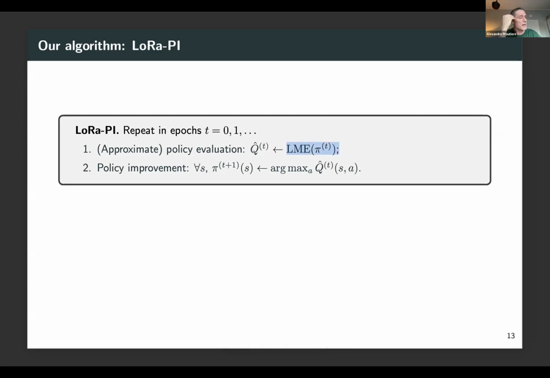Then from the data that you gather from this policy, you estimate the corresponding matrix Q pi. So Q hat t is an estimation of the state action value function of the policy pi t. And from this estimation, you improve the policy by just taking the greedy action with respect to this matrix Q hat t. That's the classical policy iteration method.